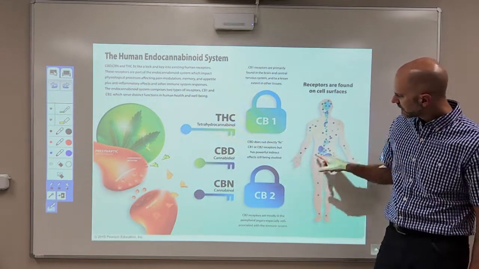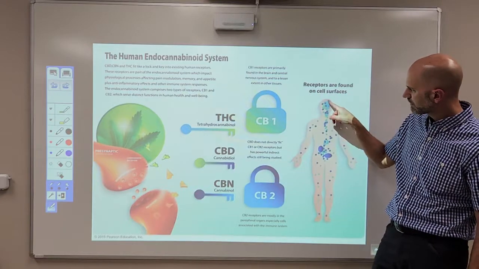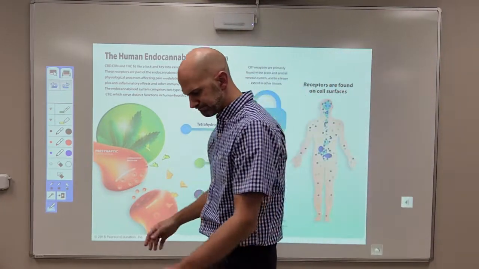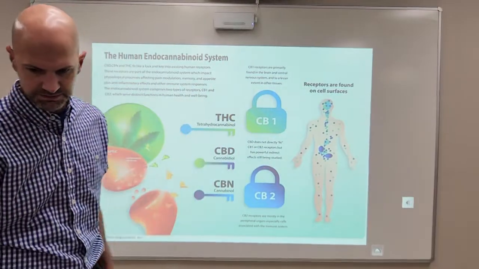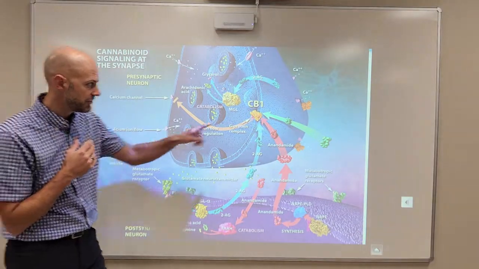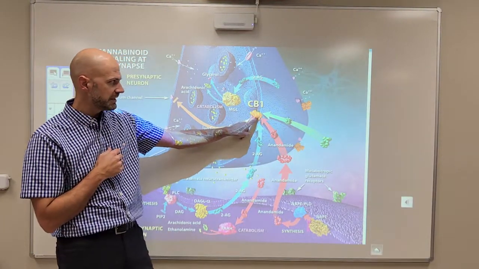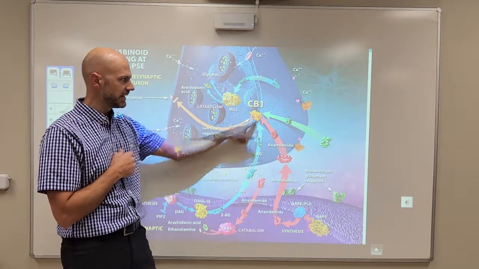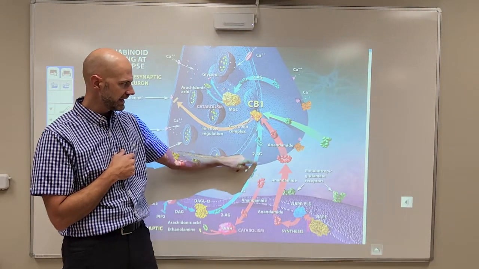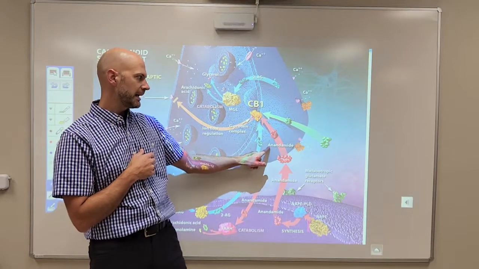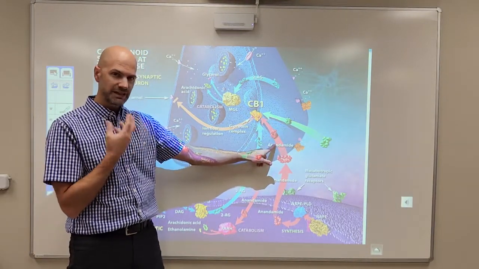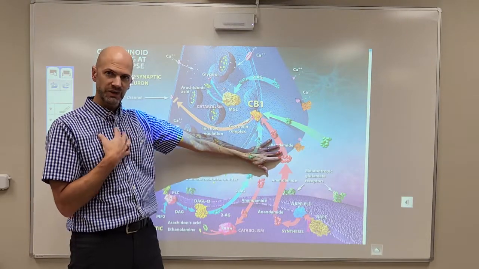The receptors are located in slightly different areas. In the brain is where THC acts, and you get that mind-altering effect. Here's a really complicated diagram showing the CB1 receptor. It's on a presynaptic membrane, not the postsynaptic. Here are these native ligands, 2-AG and anandamide, that originate within humans.